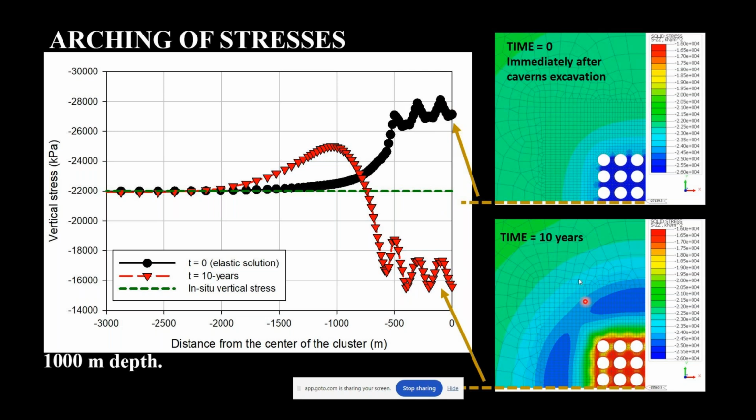After a few years of creep deformation, the stress becomes smaller than the in situ vertical stress, and we see an important increase in the stresses in the unmined area. This is basically the effect of the arching of stresses that occurs in the overburden rocks. It also shows that the arching of stresses strongly affects the stress state in the rock salt surrounding the mining field.